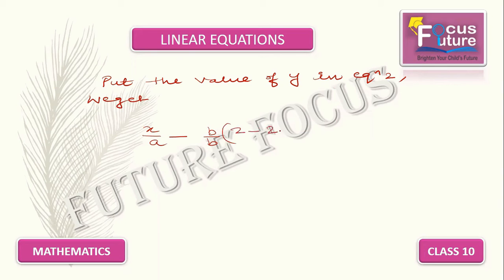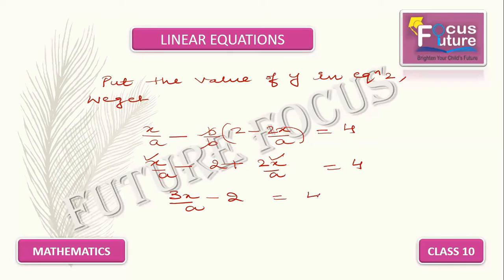So this would be 2 into 2x upon a, that would be 4. x upon a, b and b would cancel. Minus 2, take minus inside, plus 2x upon a, that is equal to 4. x upon a and 2x upon a would be 3x upon a. Same denominator, only the numerators would add. So that would be 3x upon a minus 2 is equal to 4.